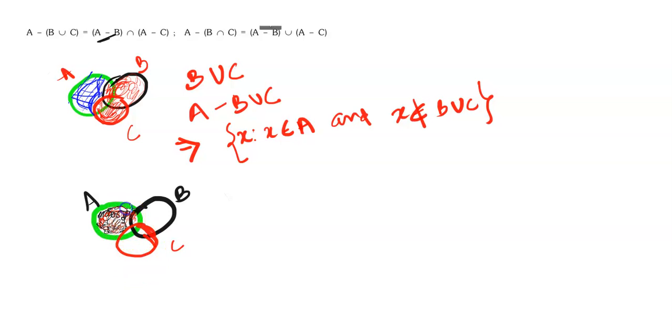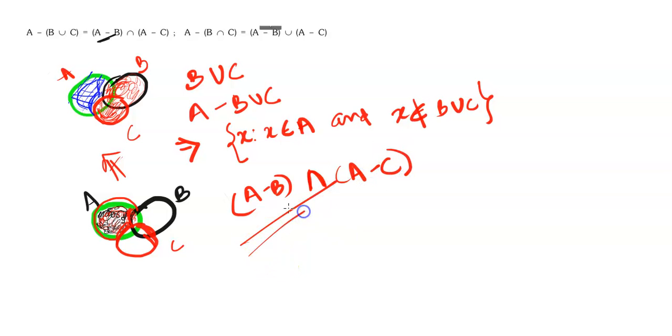The only common element is this, which is the same as before. So this is nothing but A minus B intersection A minus C.